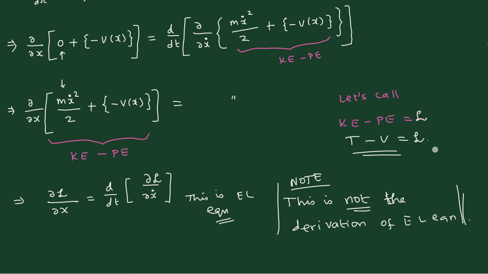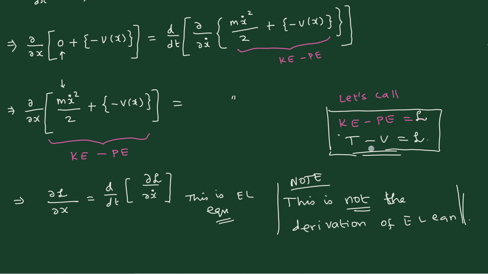Whenever you consider a mechanical system for which you already know that Newton's second law is valid, for such systems the Lagrangian equal to T minus V will work. But suppose you consider some dynamical system for which Newton's second law is not applicable, then for such systems you cannot use T minus V as the Lagrangian. That is the same point that I already explained in the last class.